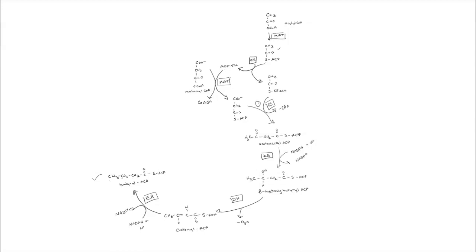Now, what happens with the butyryl ACP is the following. What happens is this activated malonyl ACP, instead of bringing activated malonyl to the party with step 1 over here with the initial acetate or acetyl-CoA, is going to come right over here and interact with our butyryl ACP.